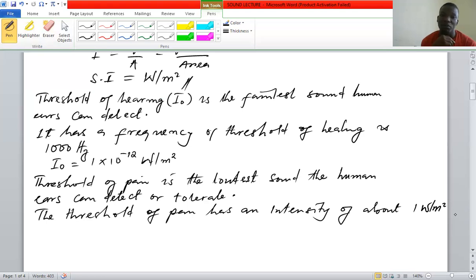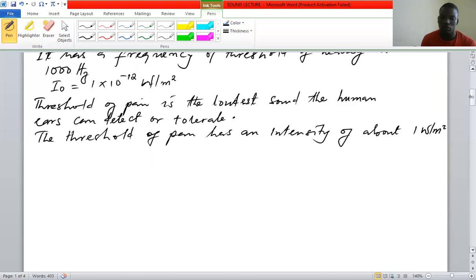So the planes can produce this threshold of pain, and to avoid that, they wear those ear covers to help not affect their ears.